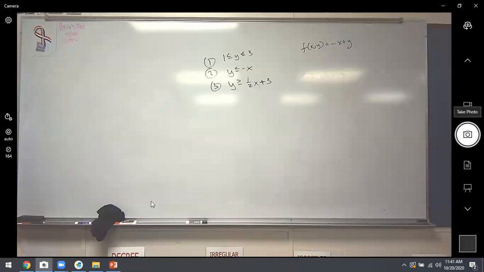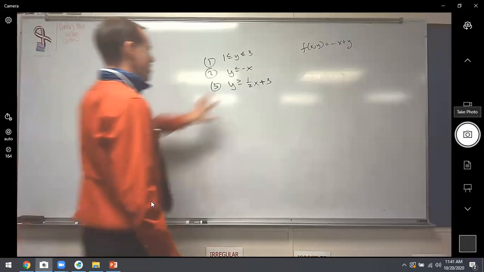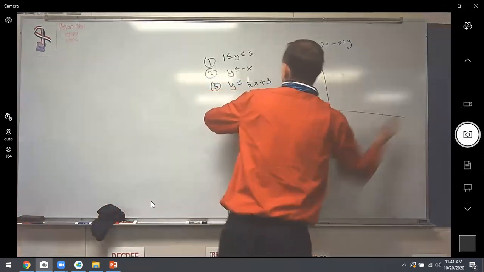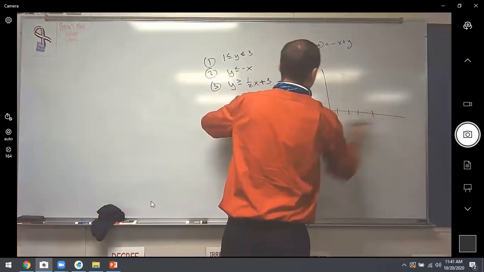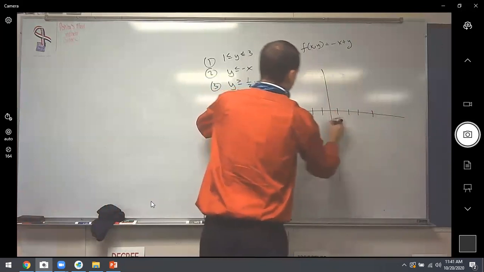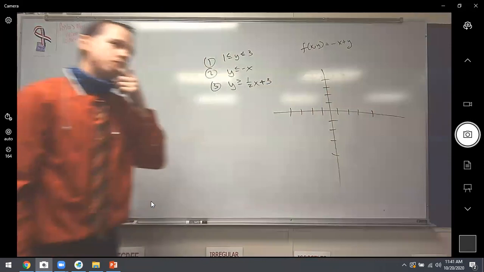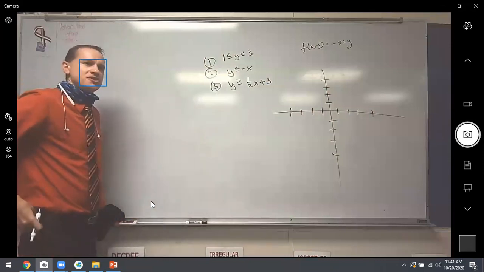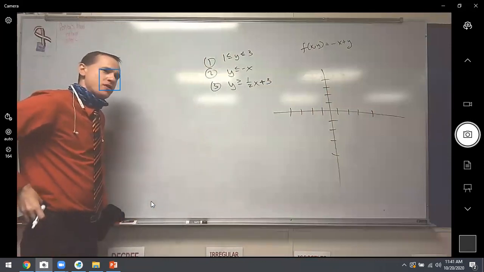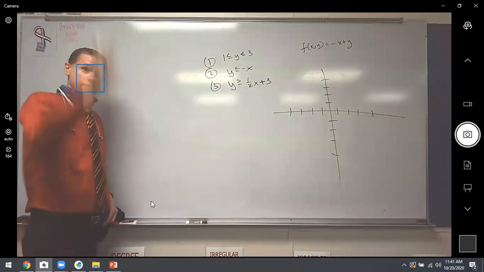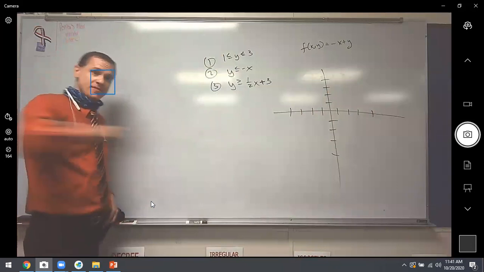All right, here we go. So let's start off by just drawing the region of this stupid thing. The first inequality says y has to be between 1 and 3. Now, what's a y equals graph look like? An x equals is this, right? So a y equals is that.